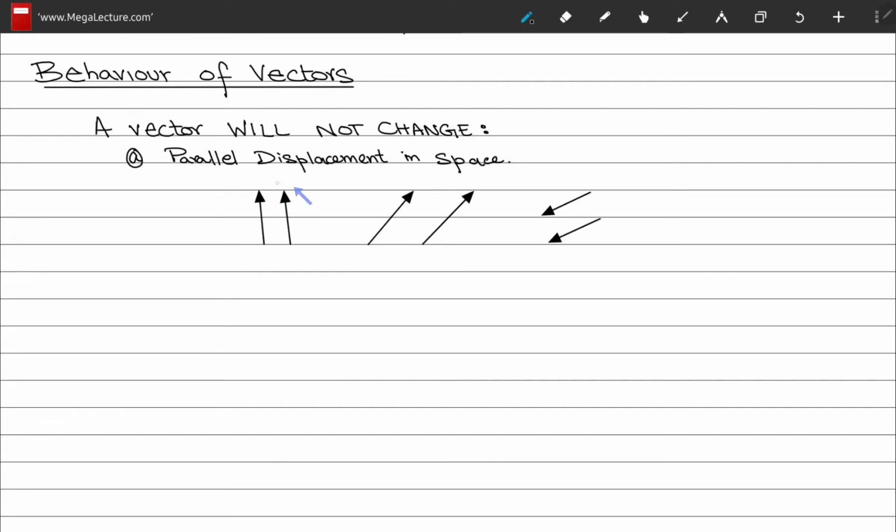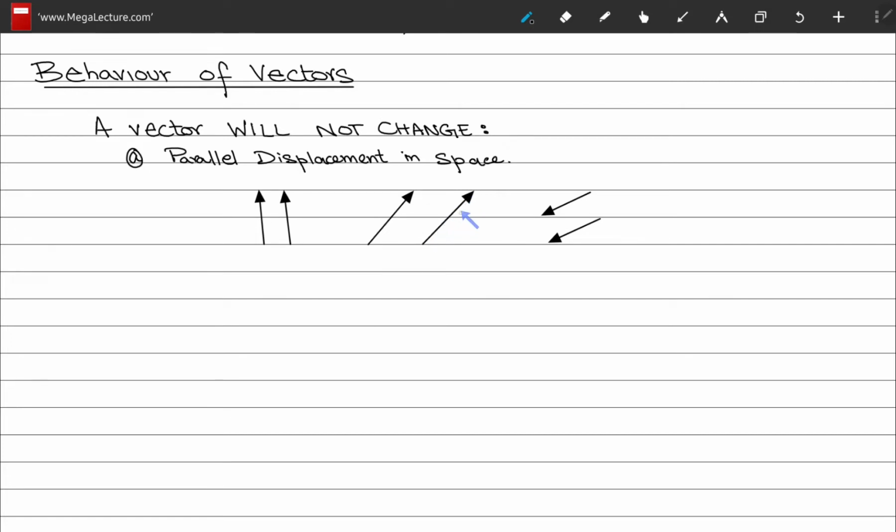And that is because if you look at these sets of two vectors, we have three sets of two vectors, and these are all parallel to each other. For example, the two vectors in this set are parallel to each other. Likewise, the two vectors in this set are parallel, and the two vectors in this set are parallel to each other. So we see that these vectors which are parallel to each other are pointing in the same direction, even though this vector is over here and this vector is over here.